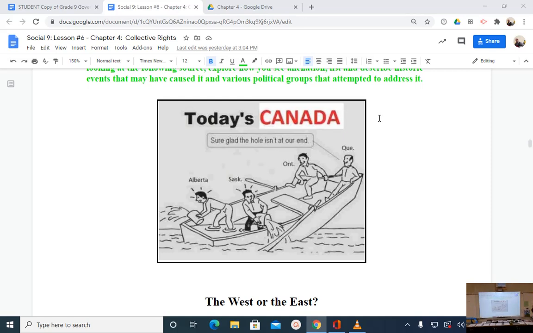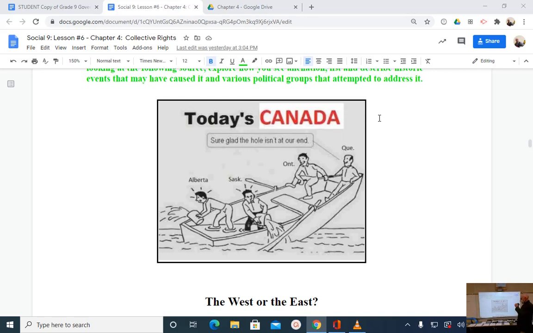So some people in Alberta and Saskatchewan feel that because Ontario and Quebec have the population density, Ontario and Quebec really control Canada. Because we're a democracy, because Ontario and Quebec have the majority of the people in Canada, they get to control Canada. And because of that, Alberta and Saskatchewan sometimes feel alienated. They feel marginalized. They feel excluded.